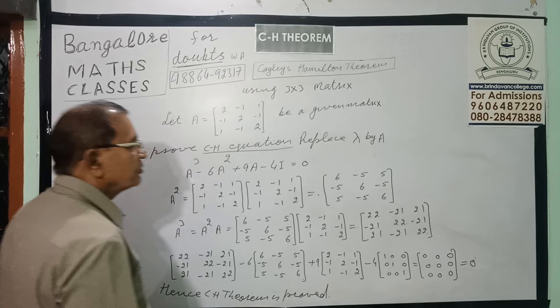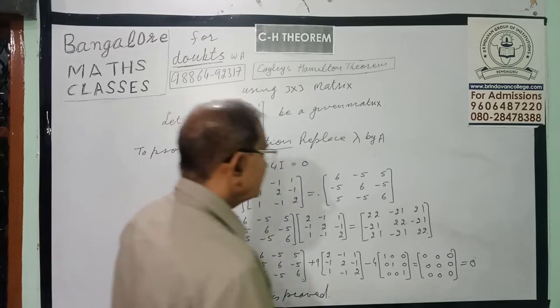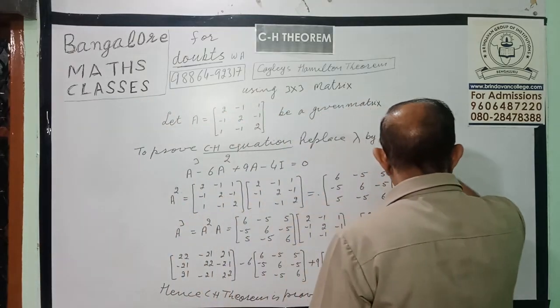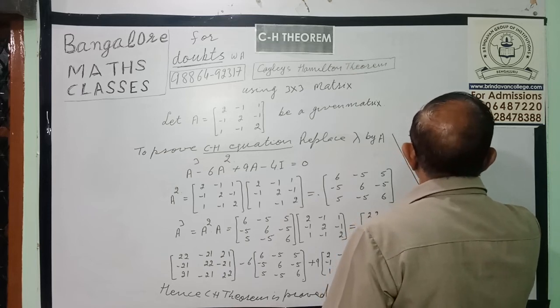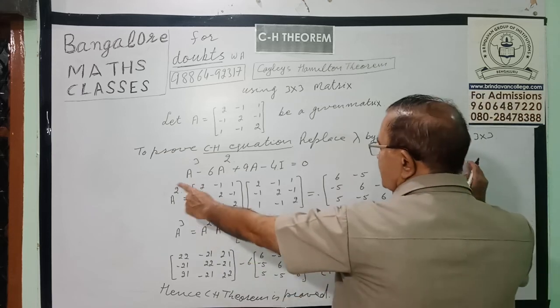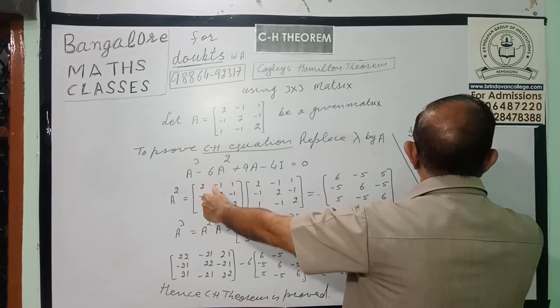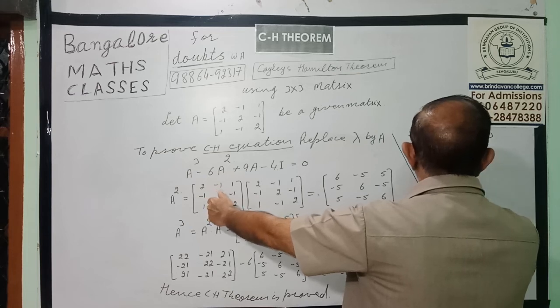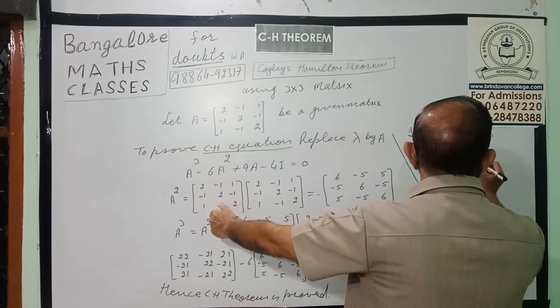So like that, we can prove CH theorem for a 3 by 3 matrix. Here I want to teach you one more line, just one line: how to find inverse of a 3 by 3. You have to find the CH equation, then divide by A inverse.